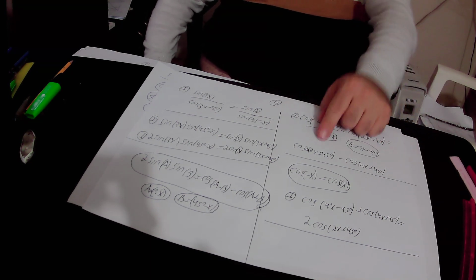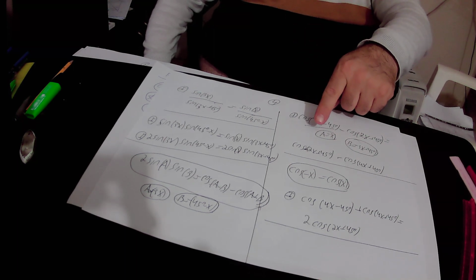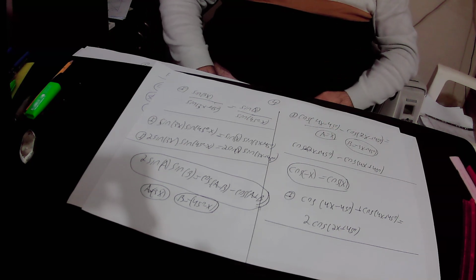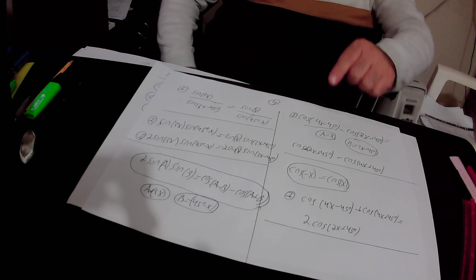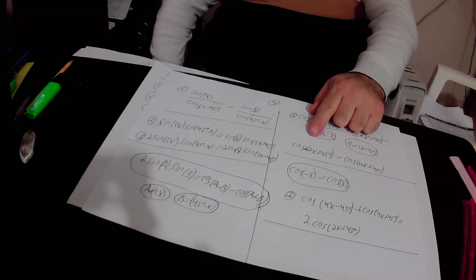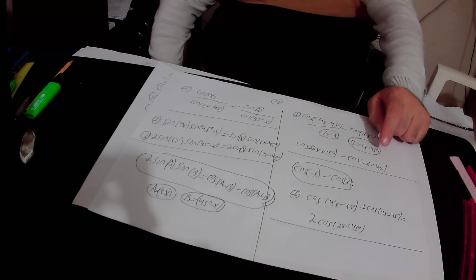So we get here cosine 2x minus cosine minus 2x plus 45 degrees, but because of the fact that cosine x equals to cosine minus x, we can change the negative sign to positive sign, and in conclusion we will get that this expression is actually cosine 2x plus 45 degrees.